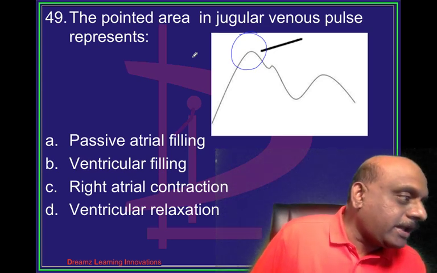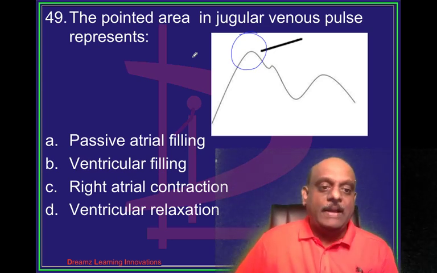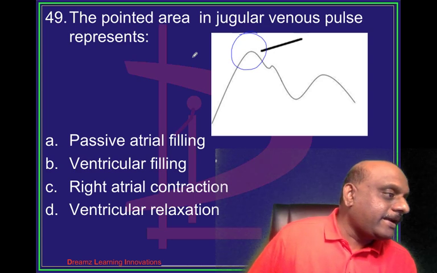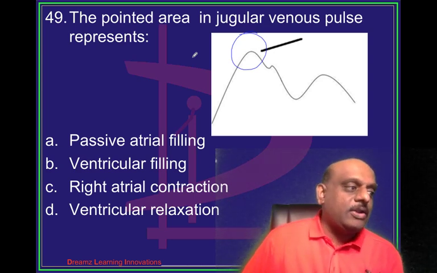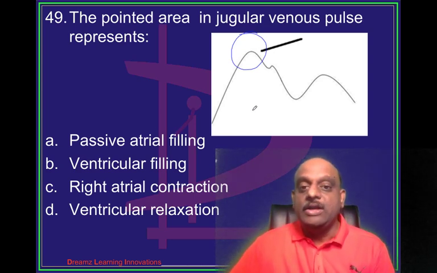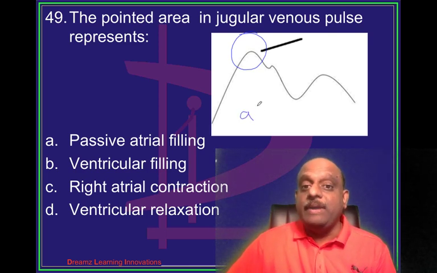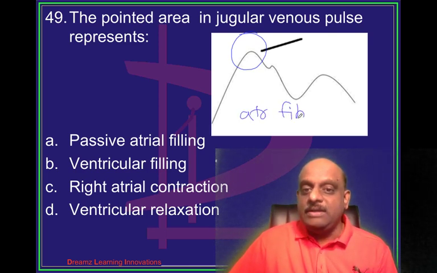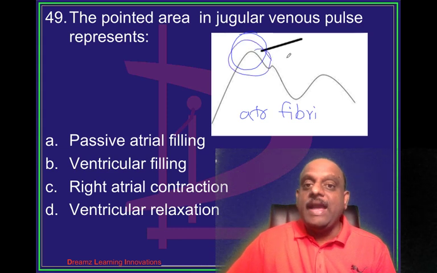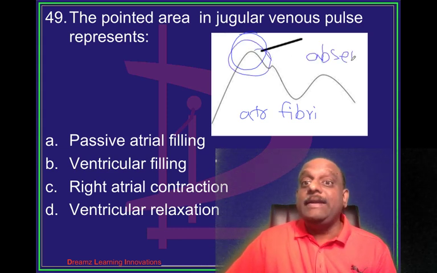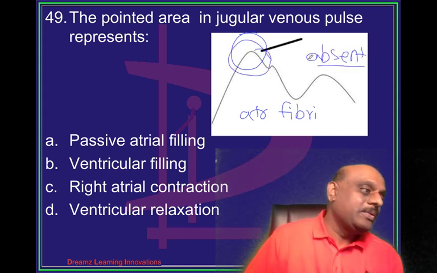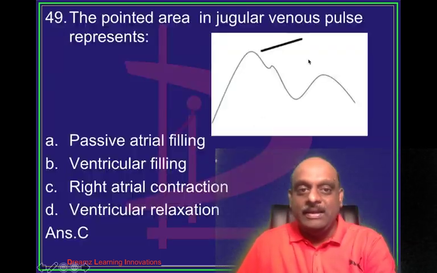Jyoti Achutani is absolutely right. Right atrial contraction. Vismay Panchal also is saying right atrial contraction. So if there is an atrial fibrillation, typically this A wave will be absent is what you have to ultimately remember.